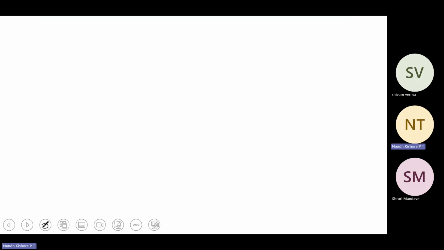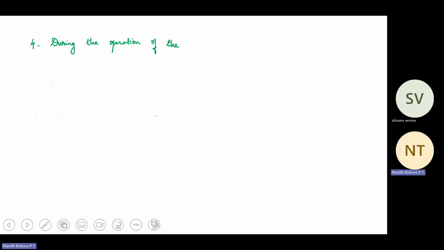Okay. So the question is, and this is a very simple question: during the operation of the transistor in cutoff region, which is correct?